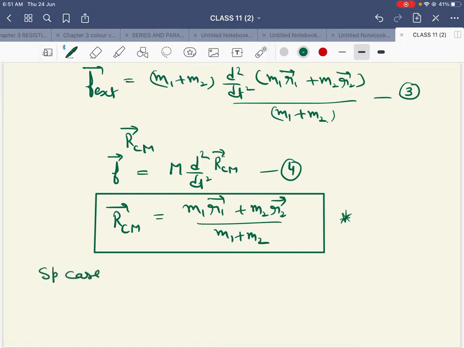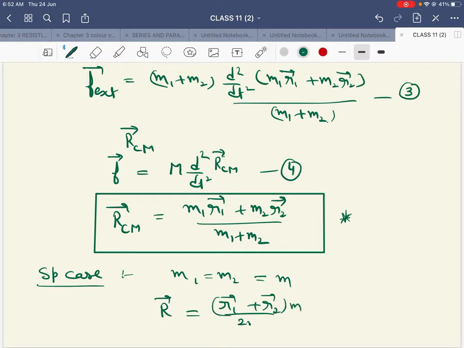First special case is if a system consists of two particles having equal mass m, then the position vector of center of mass is given as r is equal to m(r1 plus r2) divided by 2m, so we get r1 plus r2 divided by 2.